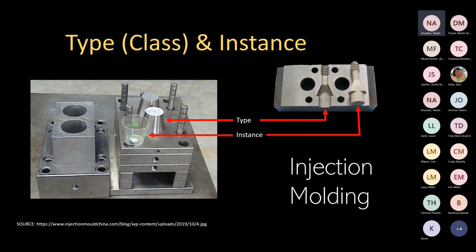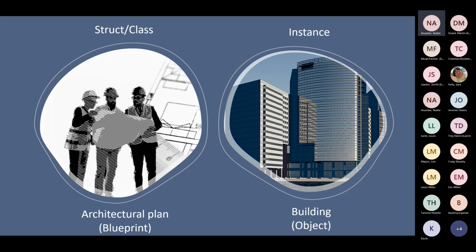For those of you that have been involved in any model engineering, you probably would understand this. You can also see this where you create an architectural plan, and you can use that one plan to create different buildings, same kind of buildings, maybe with little variations, maybe in actual values.